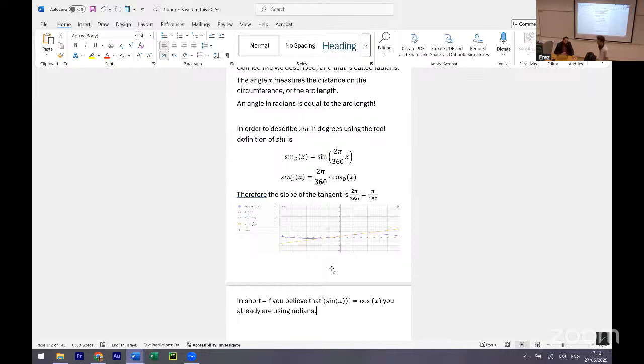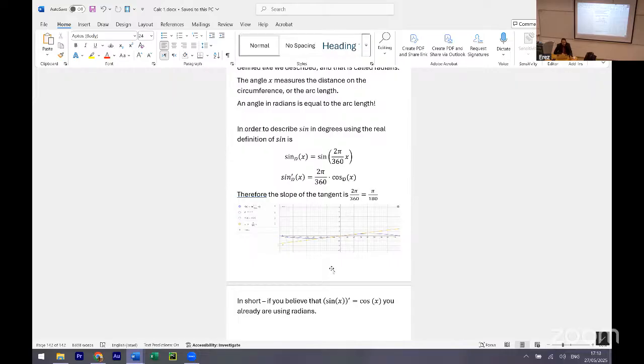Also, whoever did it in high school, I'm not sure about the different nations you come from, but in Israel, when you do trigonometry geometrically, you can use degrees. But when you do the calculus of trigonometry, you always use radians. That's the reason, because you derive it.